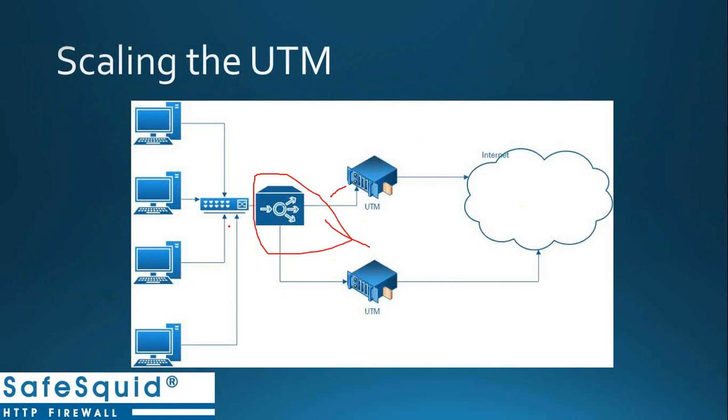So that basically is going to be the capability of the load balancer, and it can be of various forms and factors, but at the end of the day, the connection request is going to get distributed across the UTMs and going to the internet. So this is going to be the standard scaling of UTM.